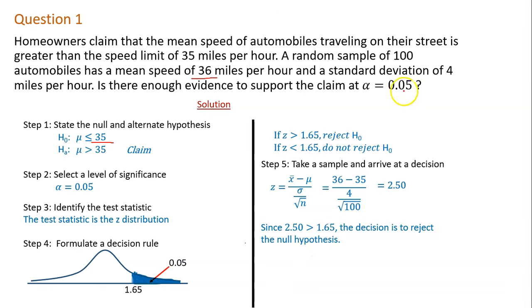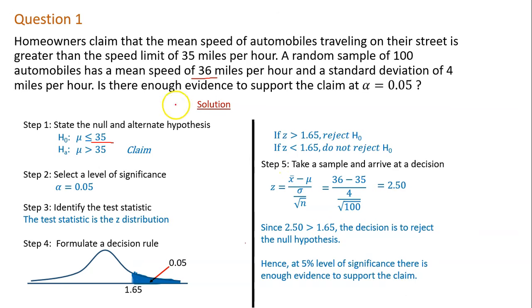Alpha was given as 0.05, so we conclude that at 5% level of significance, there is enough evidence to support the claim. Okay. 5% is the same as saying 0.05. So you can also say at alpha equals 0.05, there is enough evidence to support the claim.